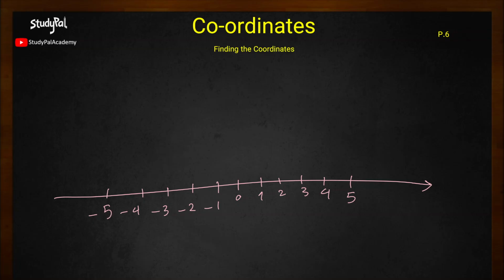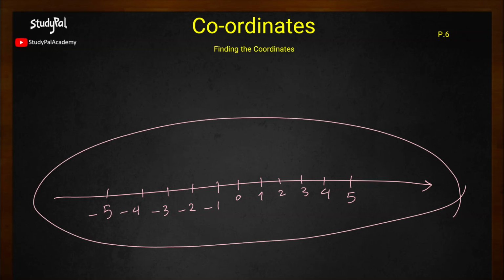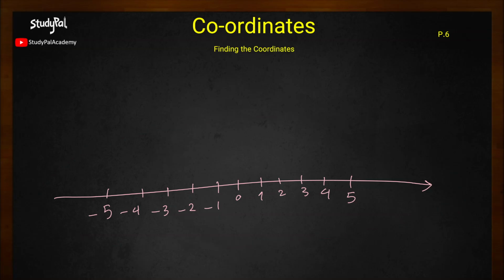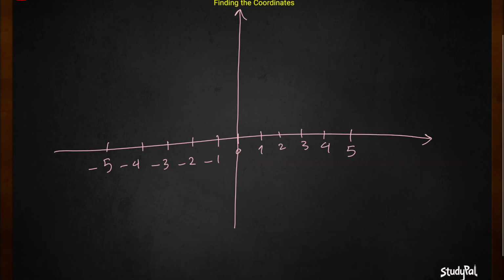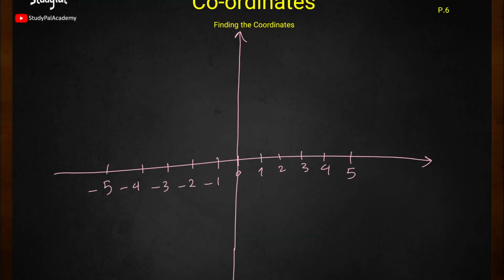Now you can take this number line and rotate it 90 degrees to get something like this, or draw another number line in this direction. But the point is the 0 of those two number lines coincide.